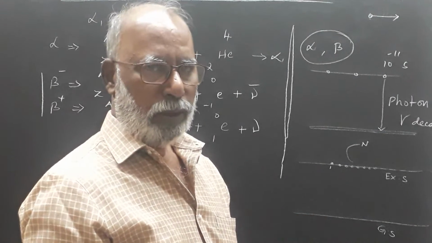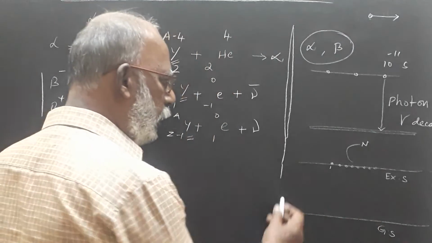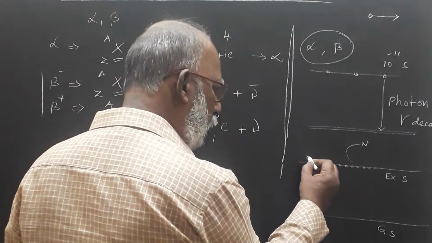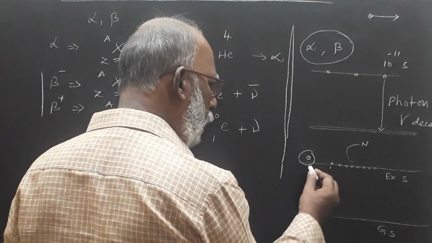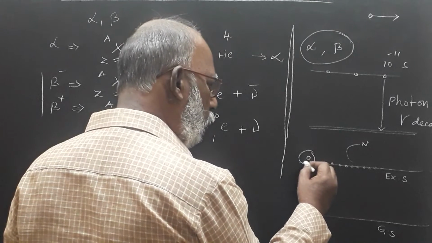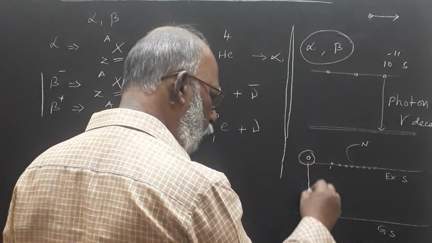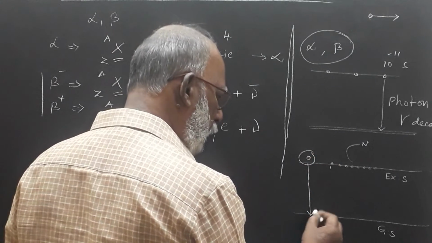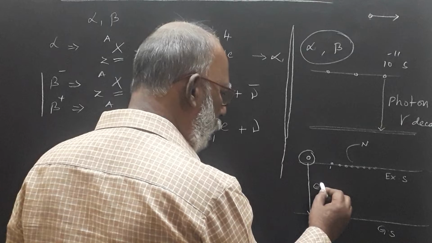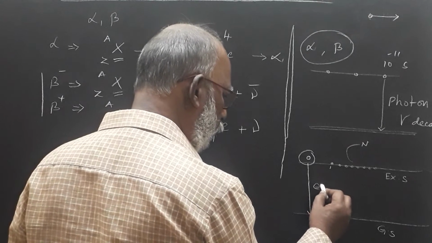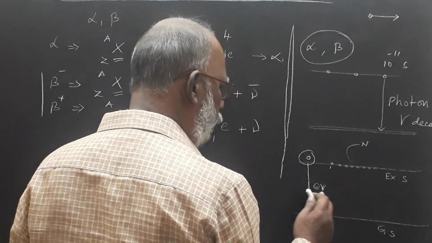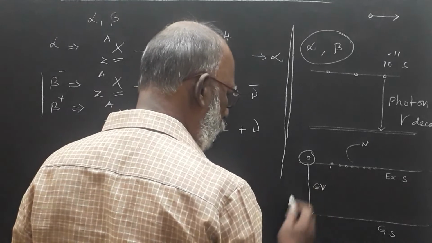Suppose one whole atom jumps from a higher energy level to a lower energy level, then there may be emission of energy in electron volts.